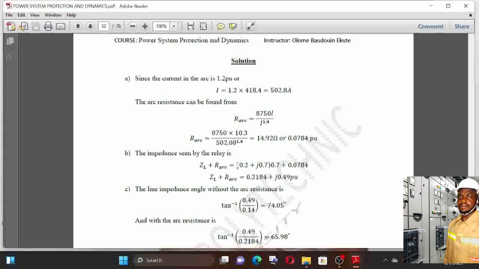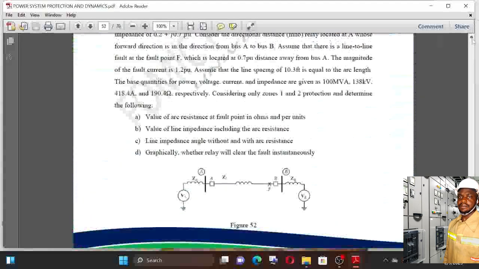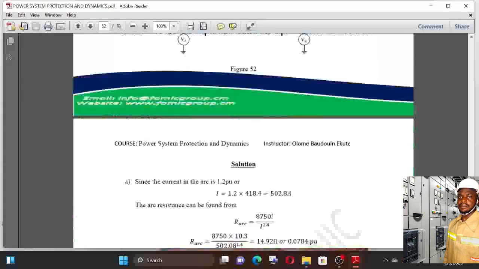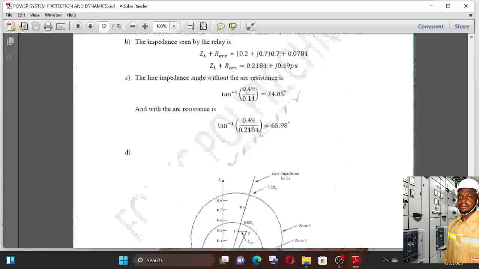The impedance of the line was given as 0.2 plus j0.7, but it was specified that the fault at point F is located 0.7 distance away from bus A. So the impedance of the line now will be 0.7 times 0.2 plus j0.7. That gives us the impedance ZL to the point of the fault.